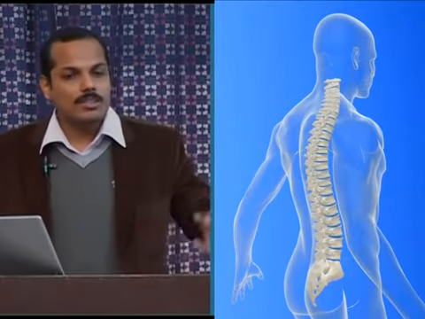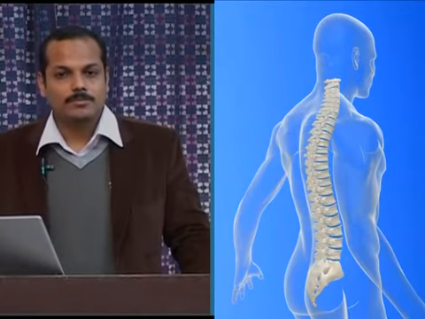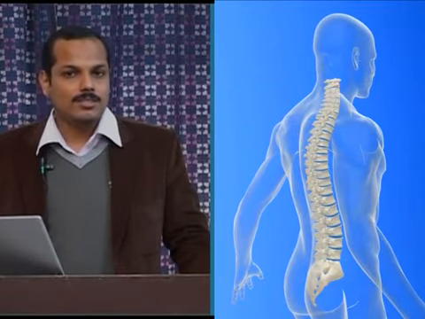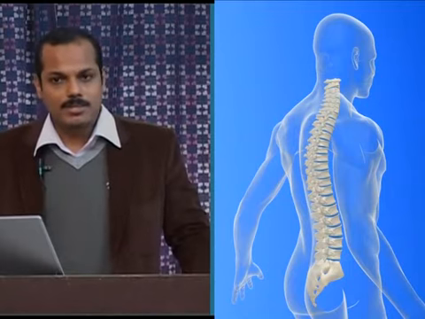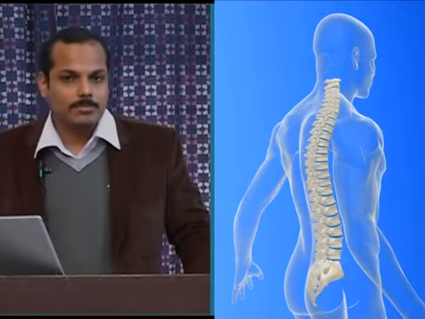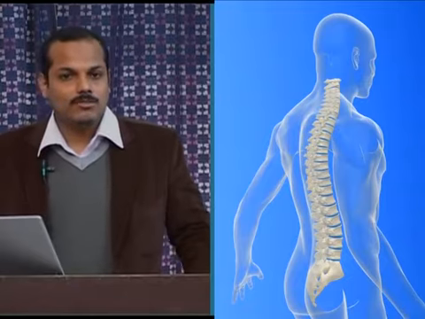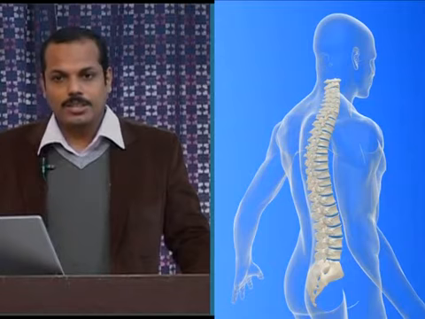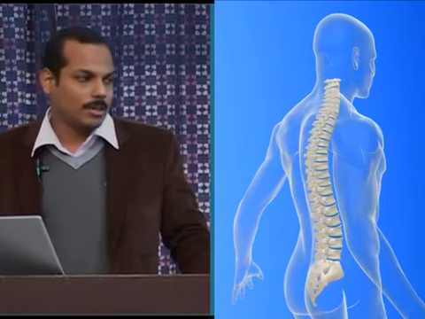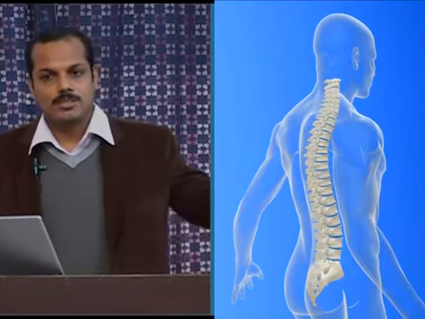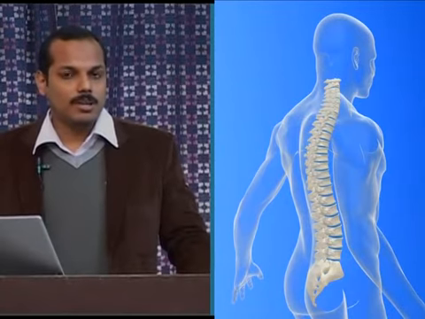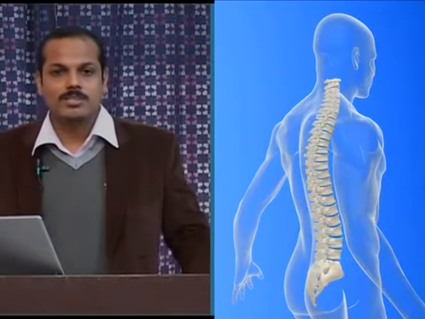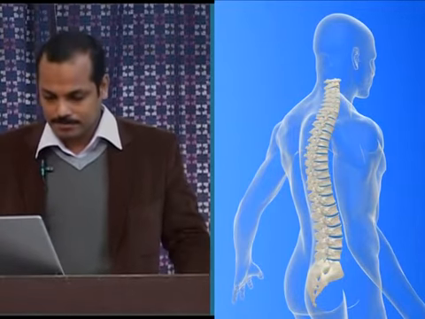The cervical region consists of 7 cervical vertebrae, the thoracic region consists of 12 thoracic vertebrae, the lumbar region consists of 5 lumbar vertebrae, and the sacral region consists of 5 sacral vertebrae, which are fused together. The coccygeal region consists of 4 coccygeal vertebrae. So the total number of vertebrae is 33, and around 23 intervertebral discs are available in between the vertebrae.